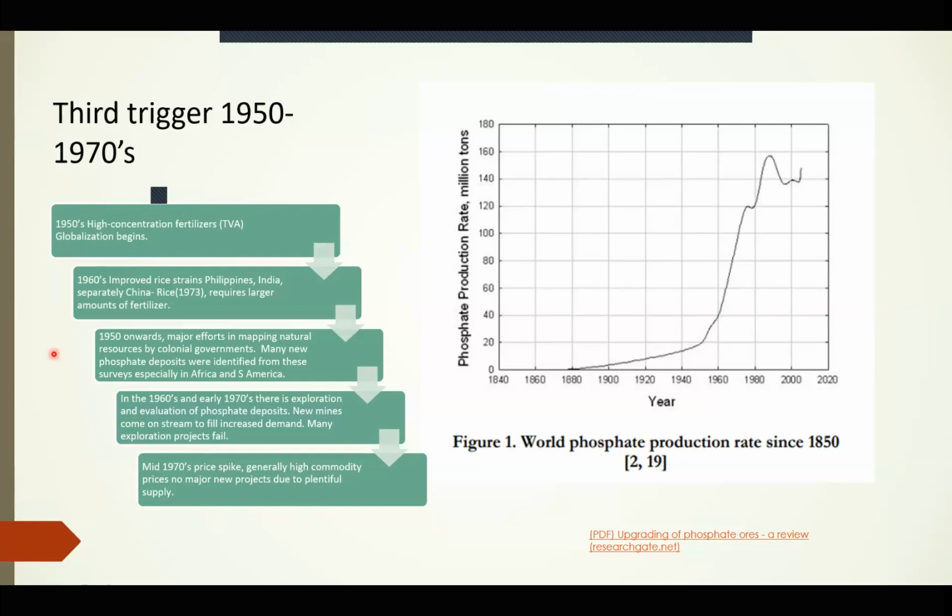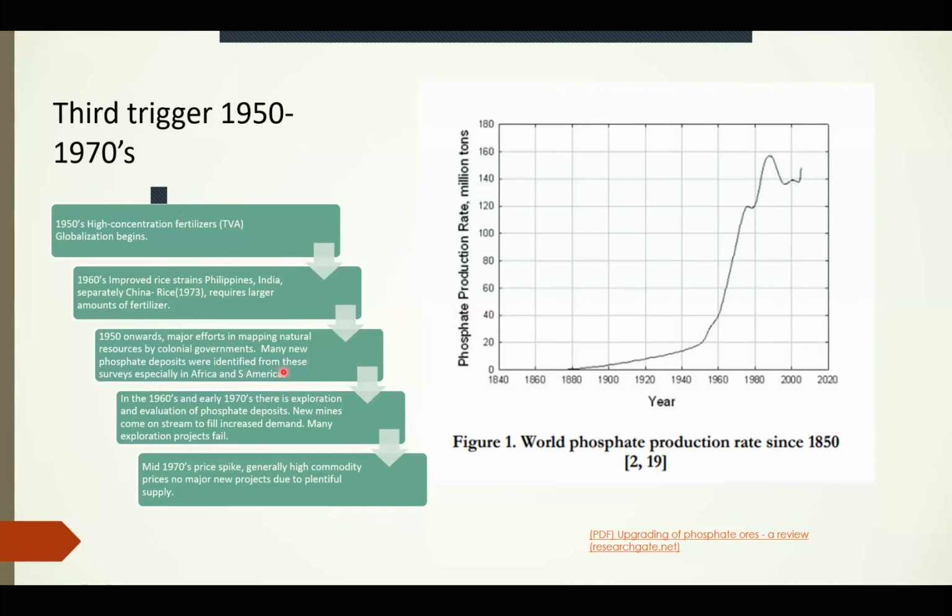Now, the US has been involved in this for a very, very long time, and they continuously map their strategic minerals. But other, especially colonial governments, started doing a lot of mapping, especially in Africa. You see a lot of geological survey data from the 1950s and the 60s. So major efforts in mapping natural resources, and many new phosphate deposits are discovered, especially in Africa and South America, because they're not as well explored.